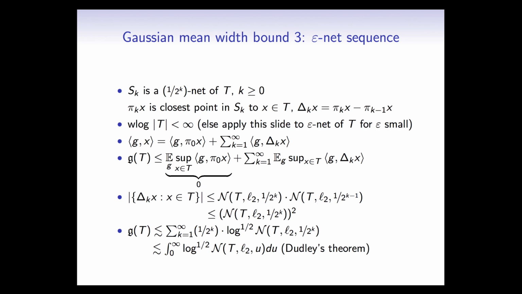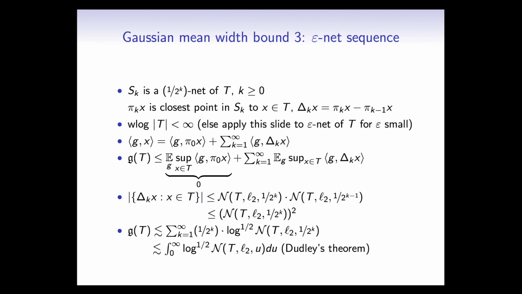I get the Gaussian mean width is at most the sum from k equals 1 to infinity of square root log of the size of a 1 over 2 to the k net. But now notice these are not unit vectors. These are vectors of norm at most 1 over 2 to the k by triangle inequality. So I get a 1 over 2 to the k there. The standard deviation of that Gaussian is 1 over 2 to the k.